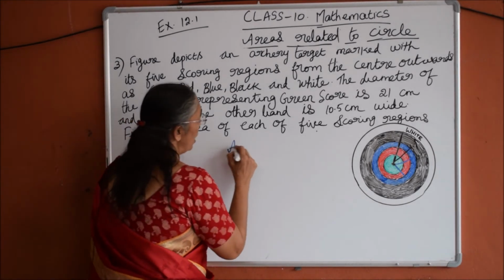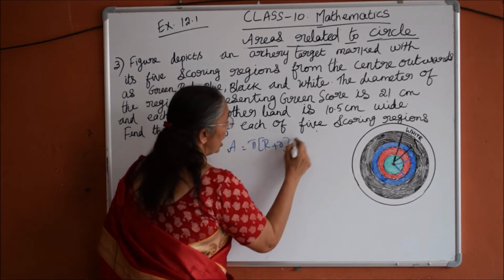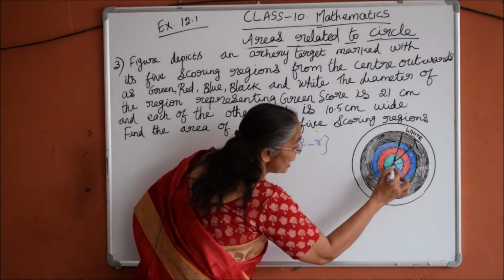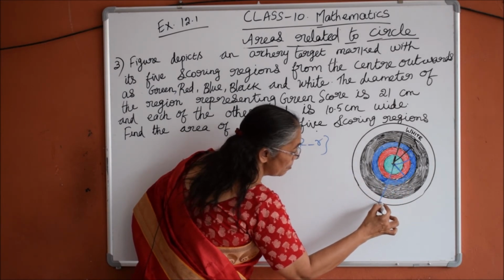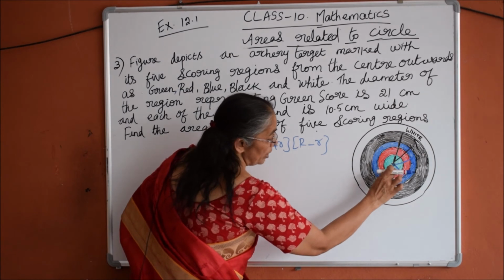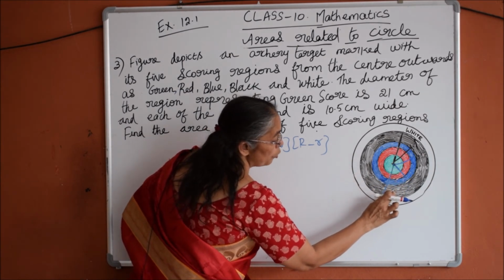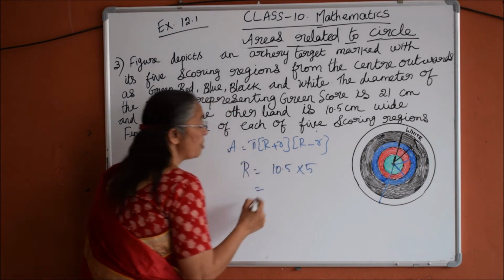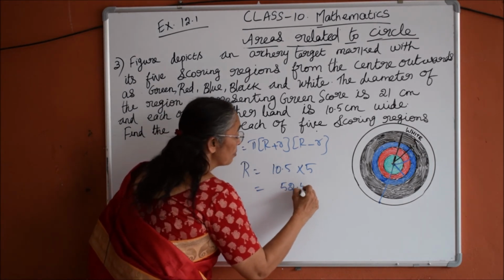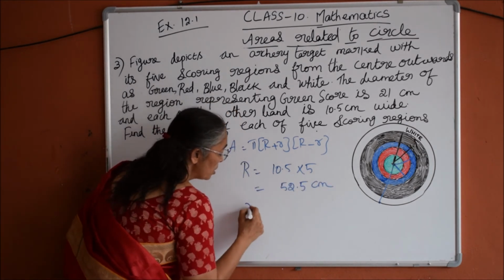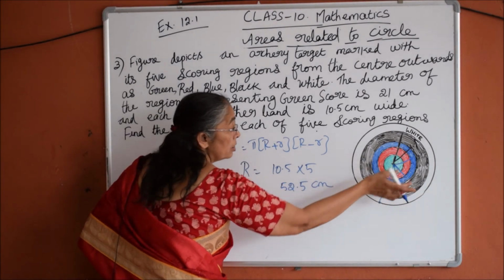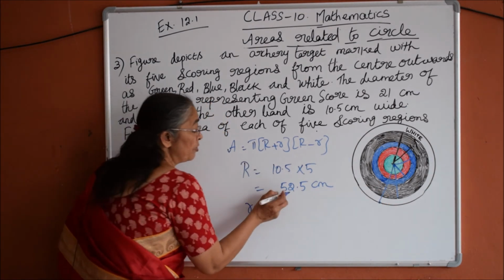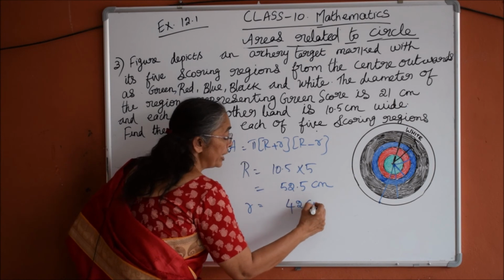Now, last one, the area of the white ring. Again the area formula is pi of R plus r into R minus r. Now let us find capital R and small r. Capital R is the radius from the center to the last circle, which is 10.5 five times, so 52.5 centimeters. Small r will be this length, which is the big R minus this width: 52.5 minus 10.5, which is 42 centimeters.